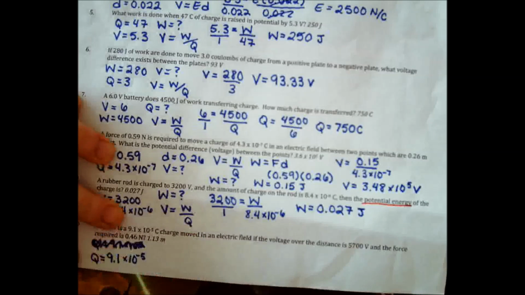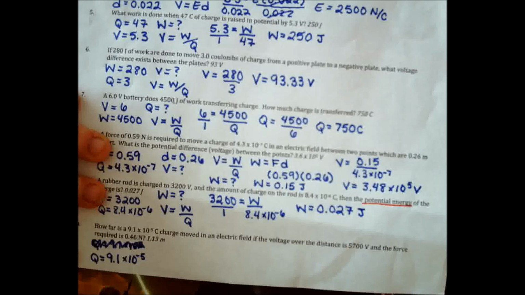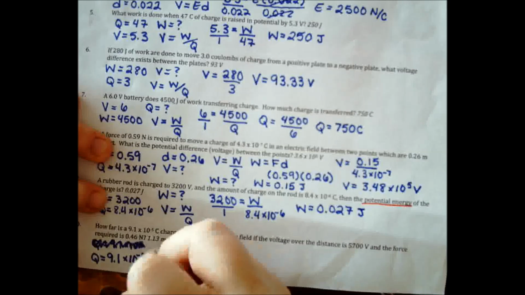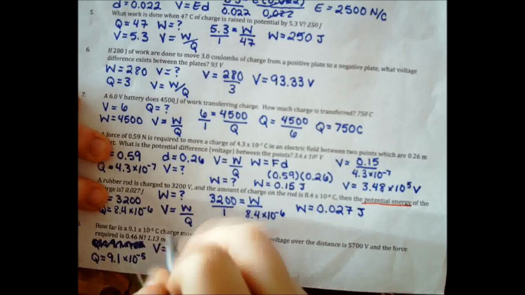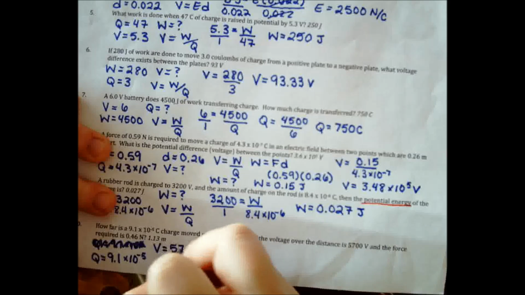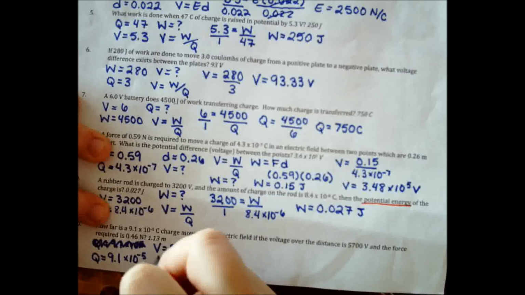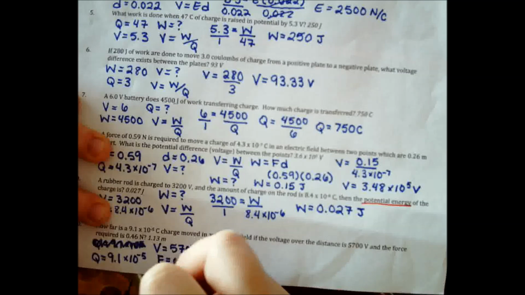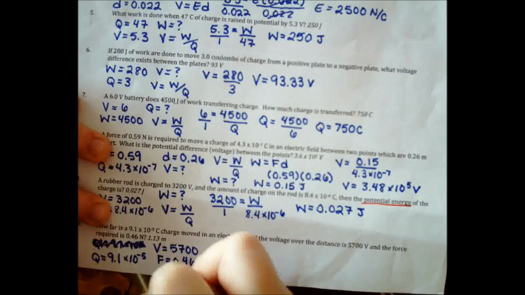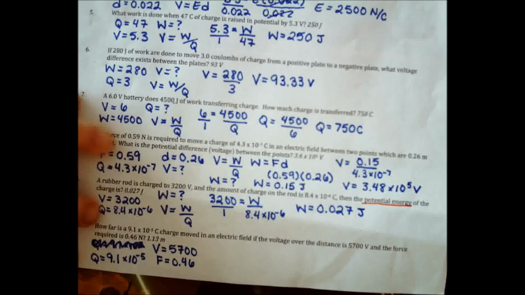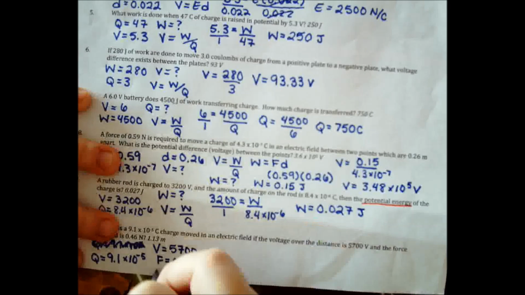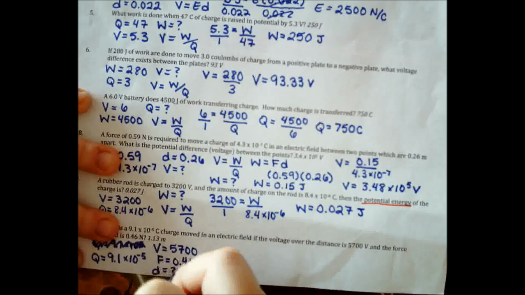Okay, how far is a 9.1 times 10 to the negative fifth charge moved in an electric field if the voltage over the distance is 5700 volts and the force required is 0.46 meters? And we are looking for distance.